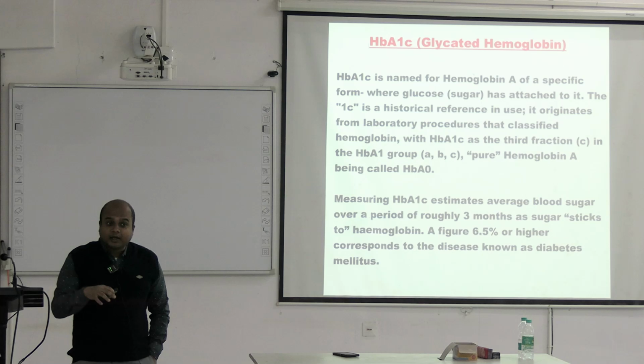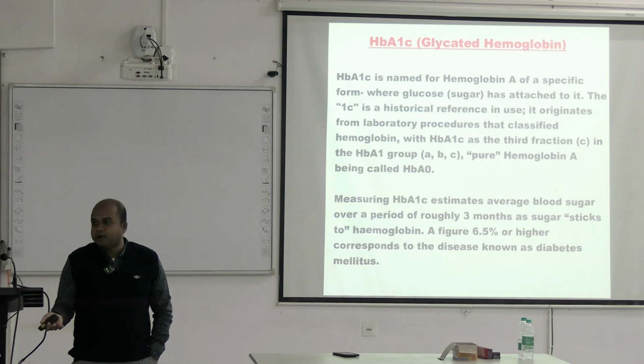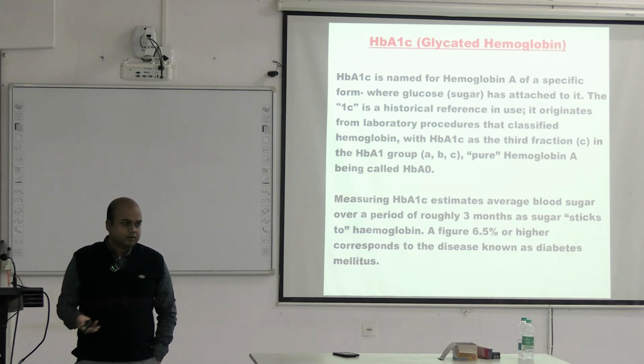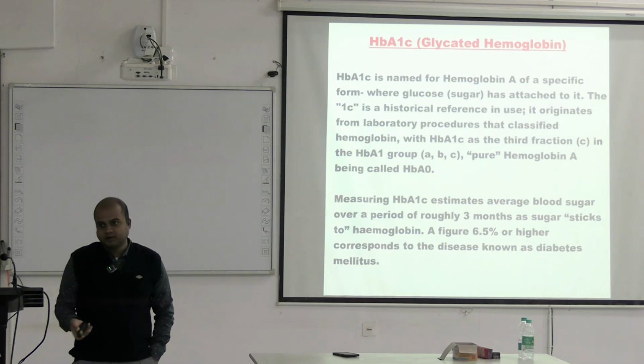But again if there is some form of thalassemia and all these hemoglobin structural deficiencies, hemoglobinopathies, then that is not reliable, because hemoglobin A is very less. So, how can we rely on hemoglobin A1c?